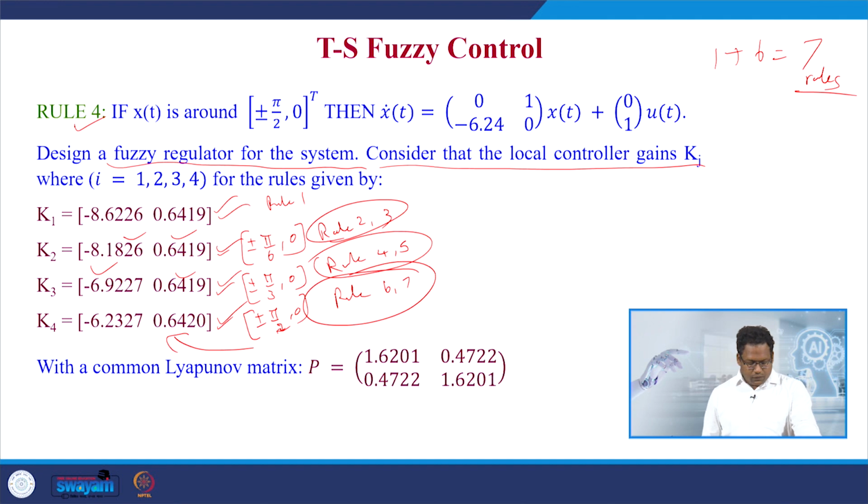Okay, so we can consider a common Lyapunov matrix P equal to this, that is 1.6201, 0.4722 and 0.4722, 1.6201 in order to solve this problem, to design the fuzzy regulator.